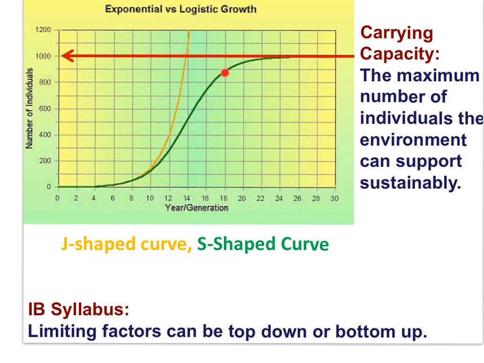The population reaches carrying capacity, which is the maximum number of individuals the environment can support sustainably. In this example, 1,000 individuals. The factors that limit a population's growth may be top-down, such as predators, or bottom-up, such as available food. More on this in the slides to come.